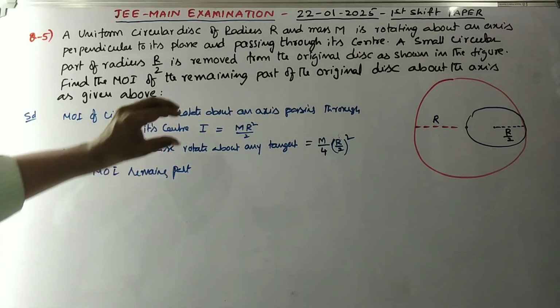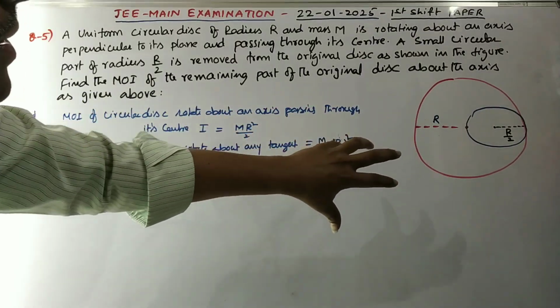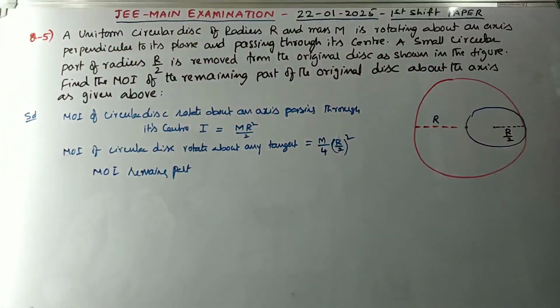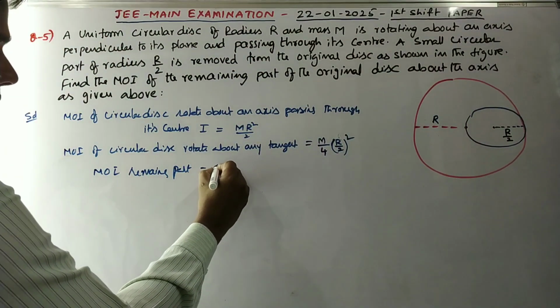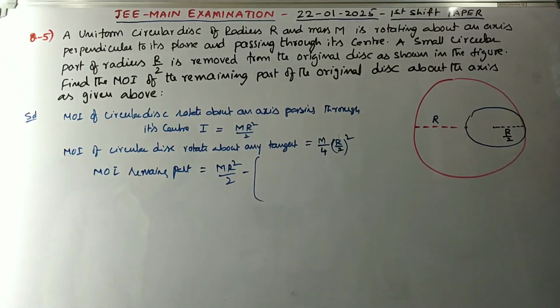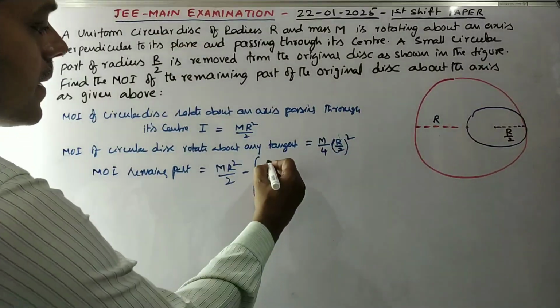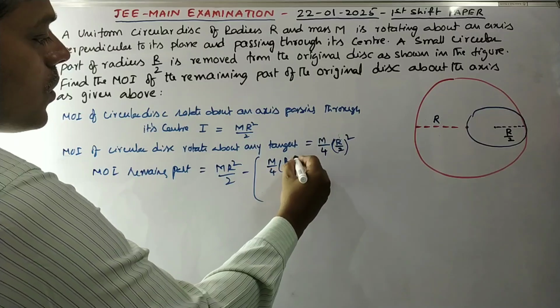From the total moment of inertia of the whole disc, subtract this part, then it gives the remaining part. So the moment of inertia of the remaining part is equal to m r square by 2 minus m by 4 into r by 2 whole square.